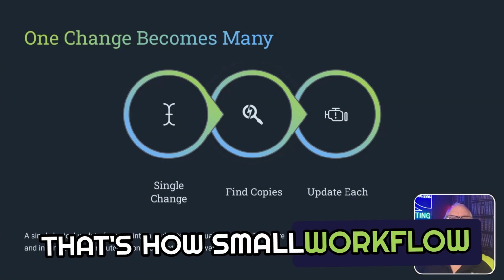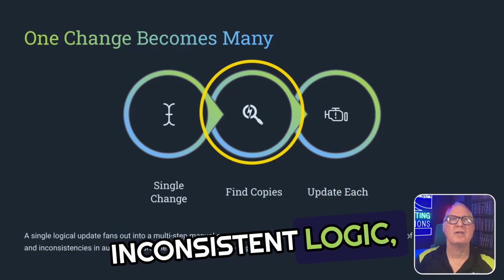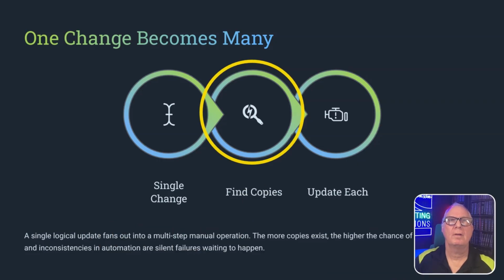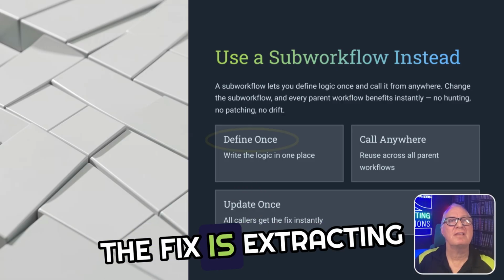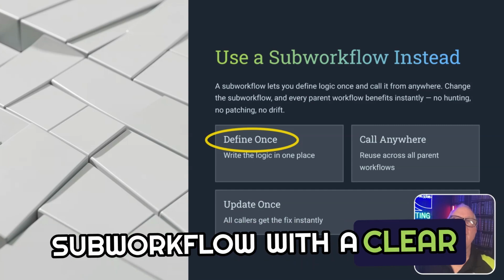That's how small workflow changes turn into silent failures, inconsistent logic, and long debugging sessions. The fix is not a cleaner canvas. The fix is extracting repeated logic into a sub-workflow with a clear interface.